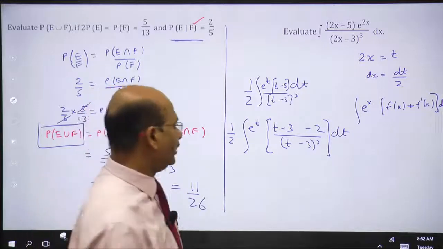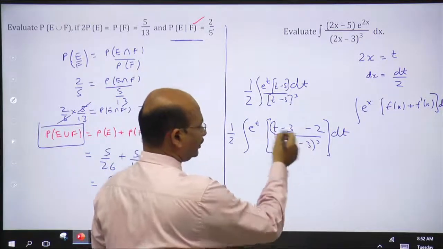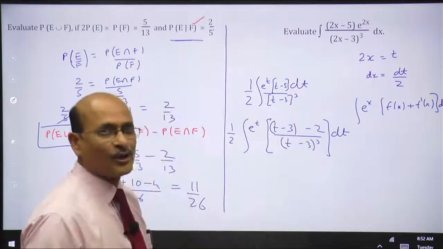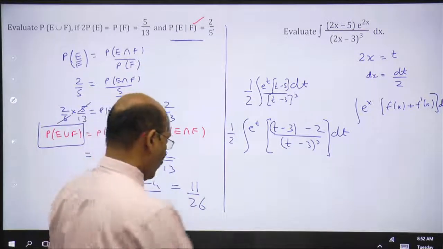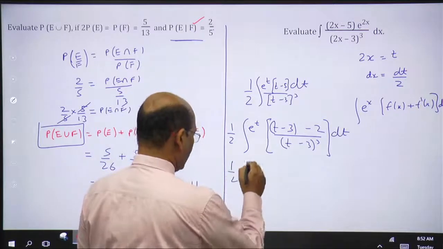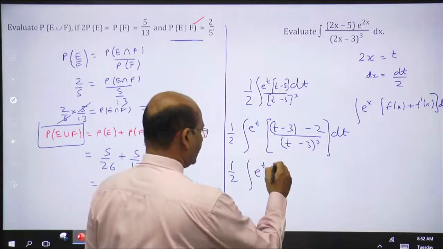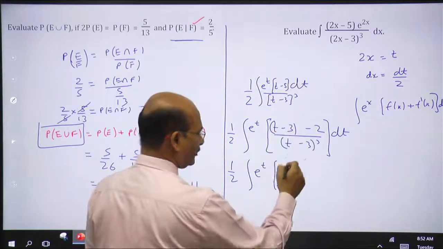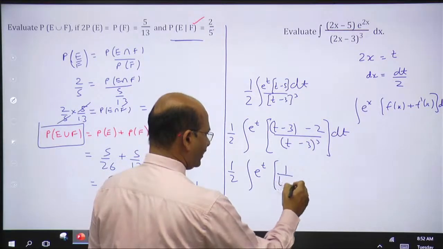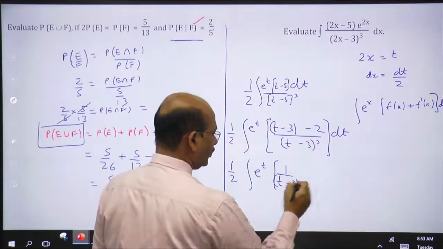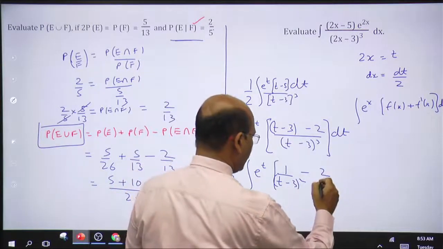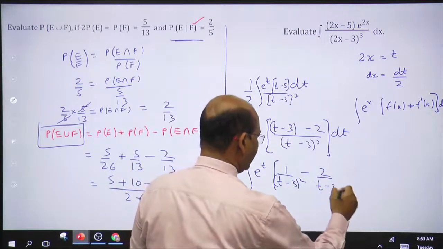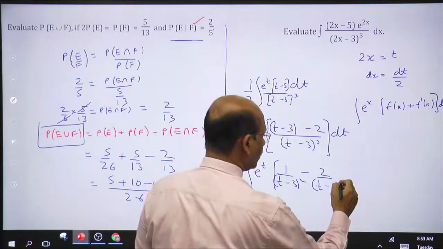My work got over. I can give this to both of them and your job is over. If you want to check, you can check it. I have no issue. So 1 by 2 integral e raised to t. See what is happening. This upon this is 1 upon t minus 3 whole square, the rest cancels, minus 2 upon t minus 3 cube.